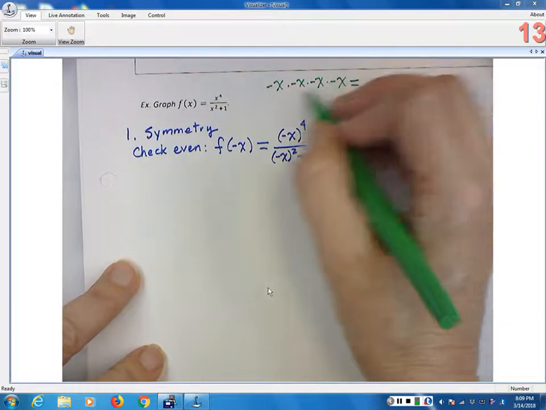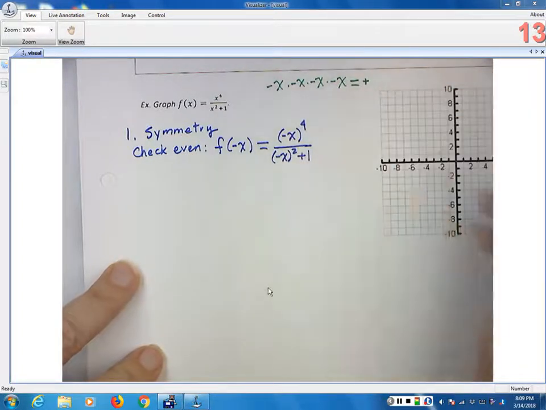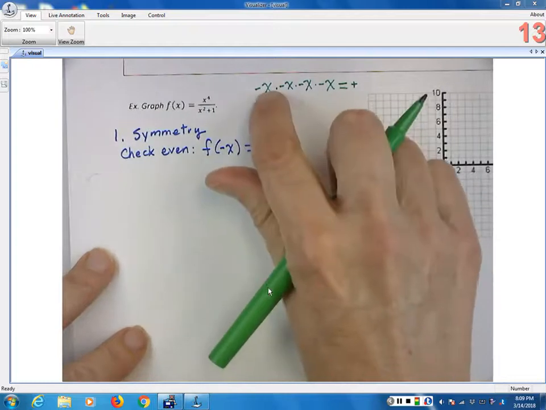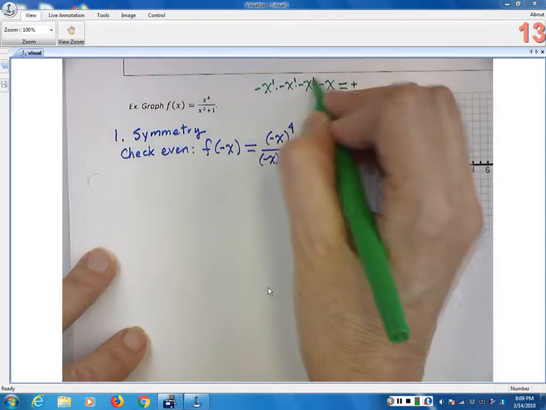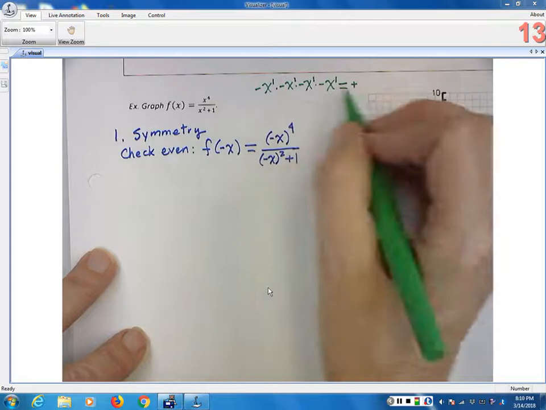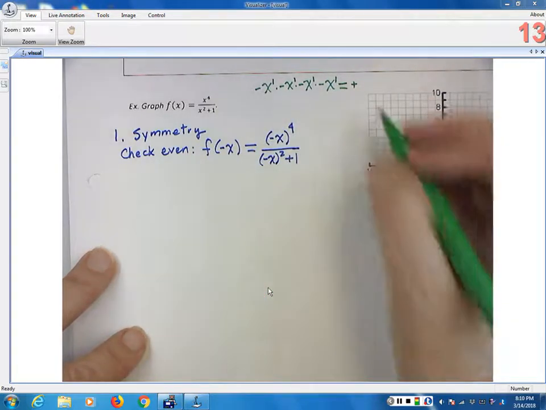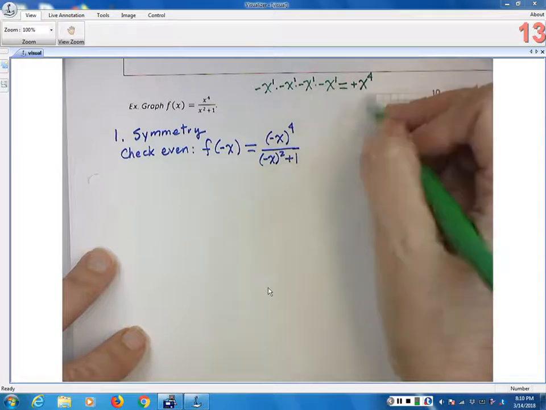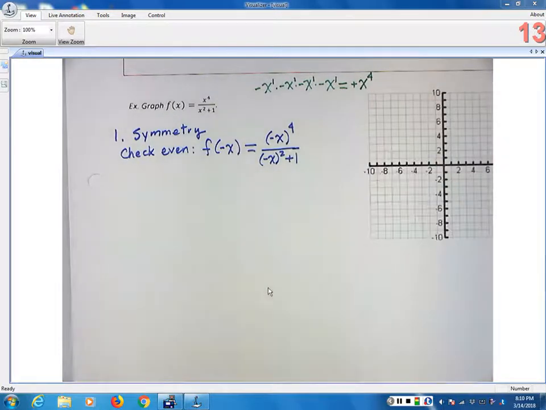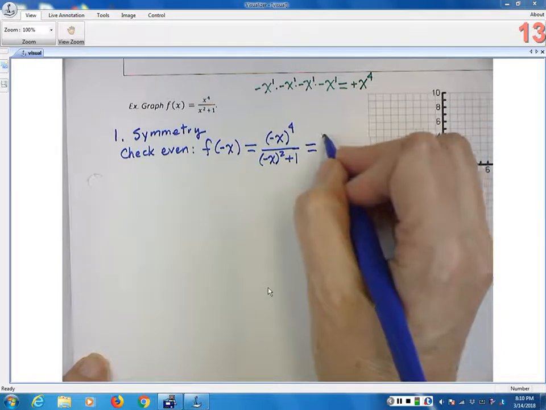If you have 4 negative signs, you're going to get a positive. You don't have to write the plus sign. And then you have x to the first power. X times x times x times x is how many x's multiplied together? 4. So the top of this simplifies to x to the 4th.